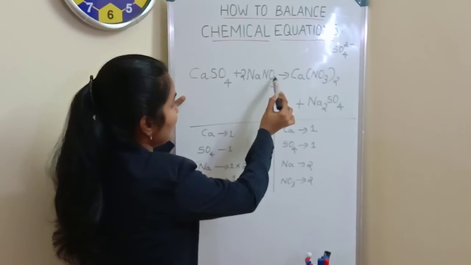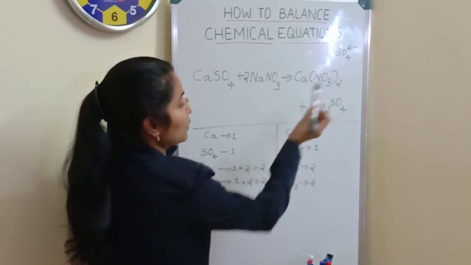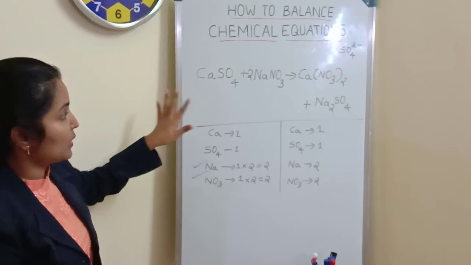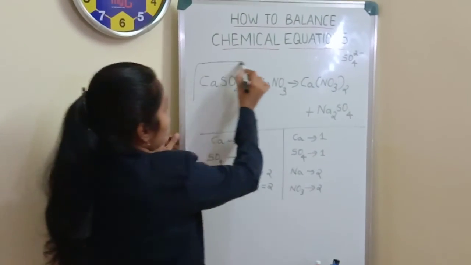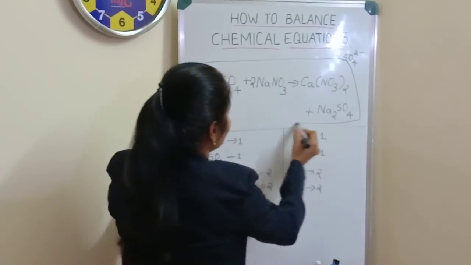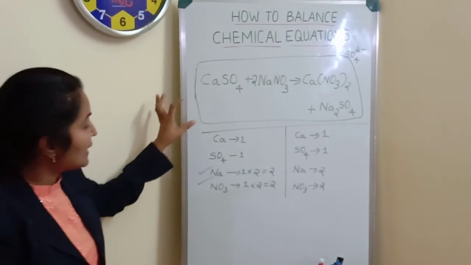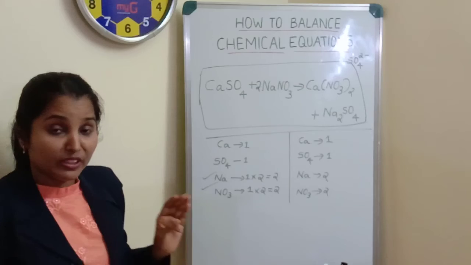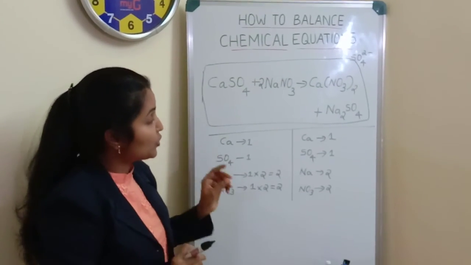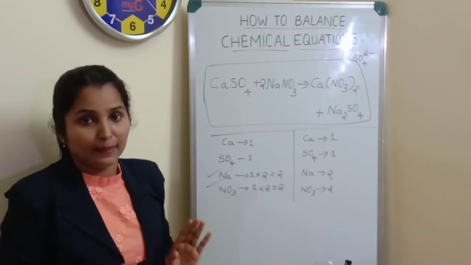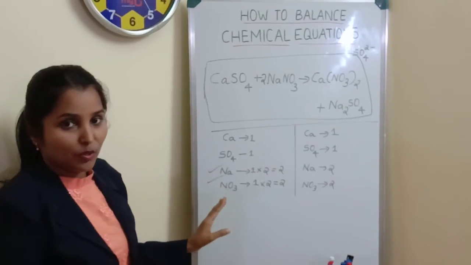NO3 as a single entity we have 2 here and here also we have 2. So the equation is balanced. So this is the balanced chemical equation for this particular chemical equation given. So these polyatomic ions we should consider as a single entity. That is the special case.